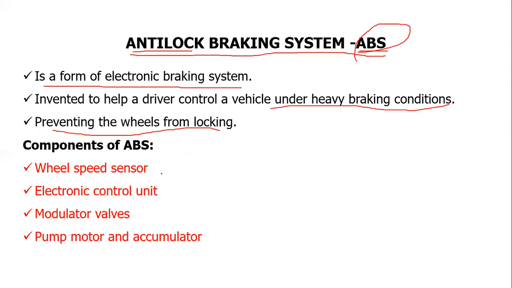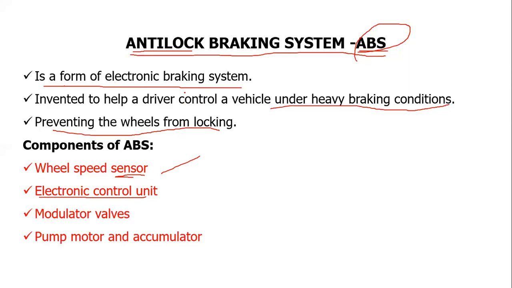First one is the wheel speed sensor. The component sensor implies there will be an electronic control unit in the ABS system. As we see in this first point itself, it's a form of an electronic braking system.